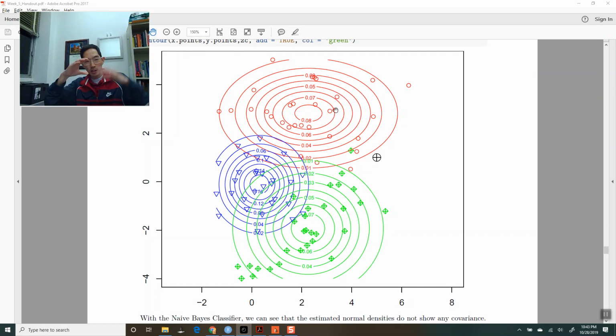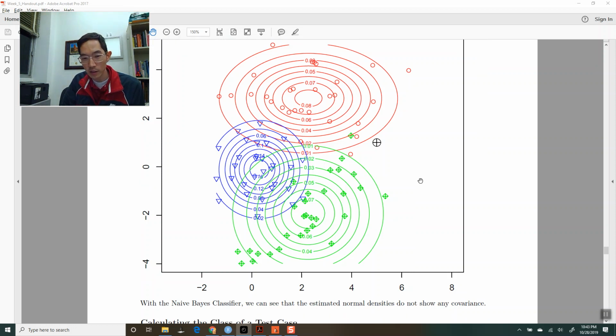You don't have any ellipses at an angle. They're exactly horizontal and perfectly vertical as far as the major and minor axes go. So we can see that for this case, where you have high covariance between x1 and x2 for the green, it's not so great.